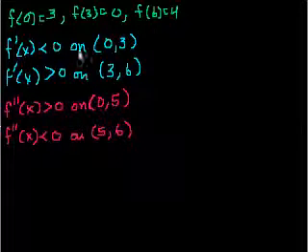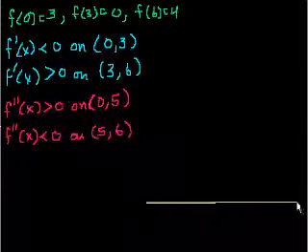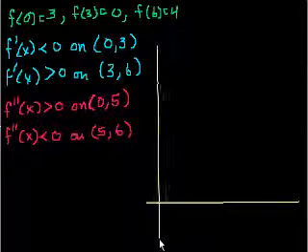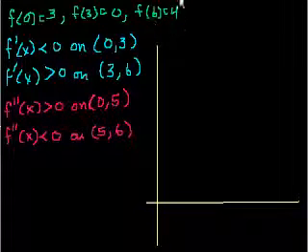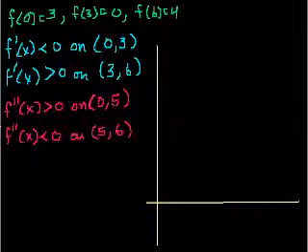So what does all this information tell us? Well, first let's just graph it. So f of 0 is 3, so we have to graph the points 0, 3, 3, 0, and 6, 4. It seems like all of the action is in the first quadrant, so I'll graph it accordingly. So that's my x-axis, that's my y-axis.